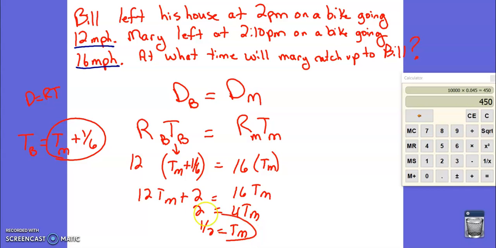So notice the time that it took Mary to catch Bill was a half hour, or 30 minutes. I could also follow up with another question. If it's 30 minutes later, then Mary left at 2:10 plus the 30 minutes. So they met up at 2:40 p.m. Mary caught up with Bill at 2:40 p.m.